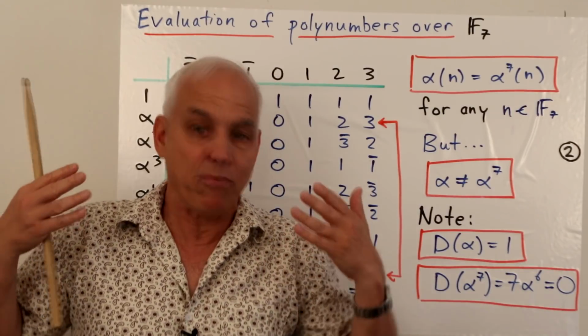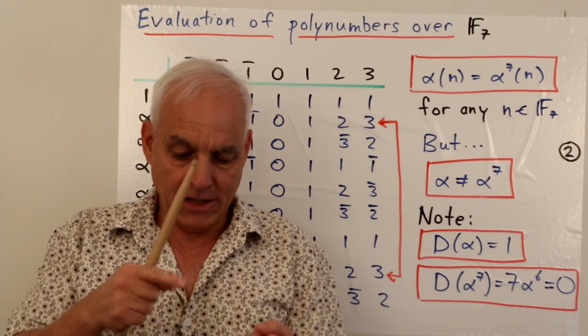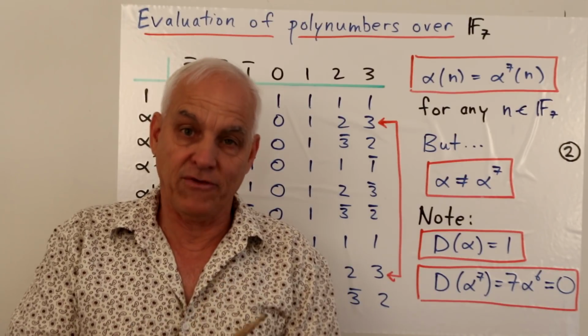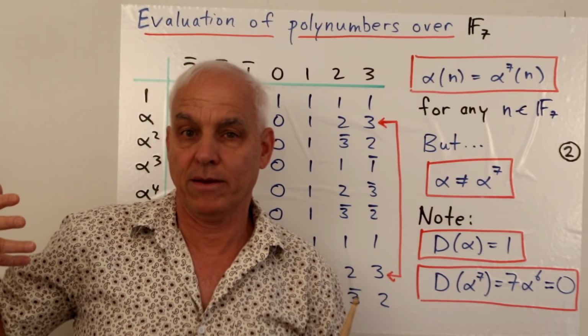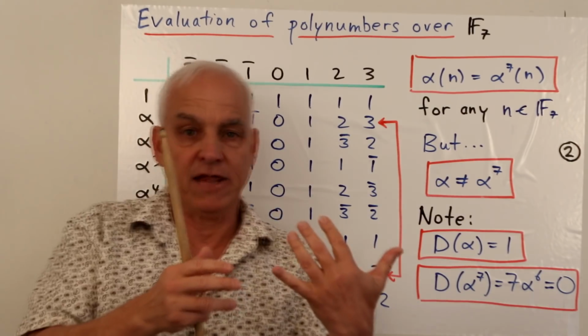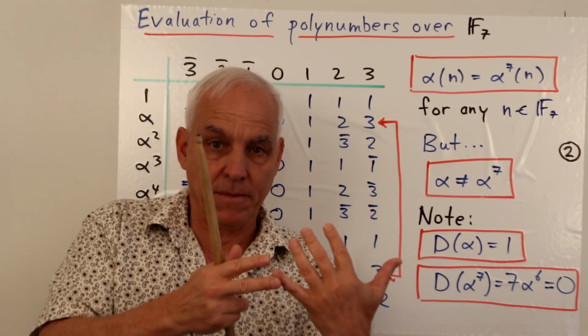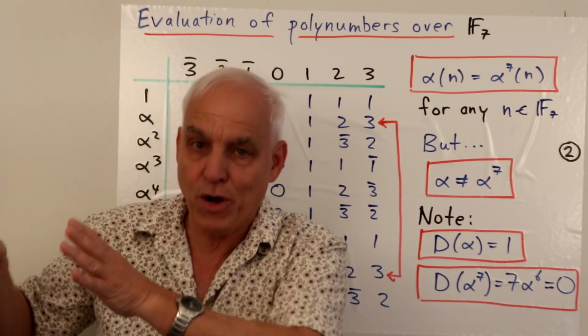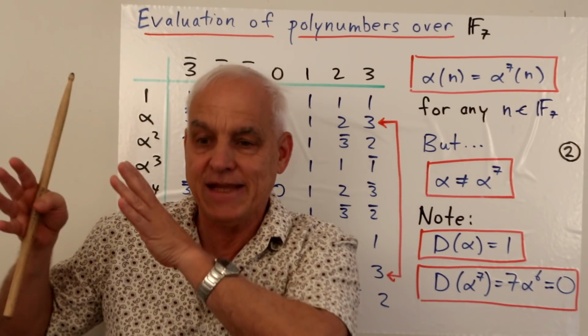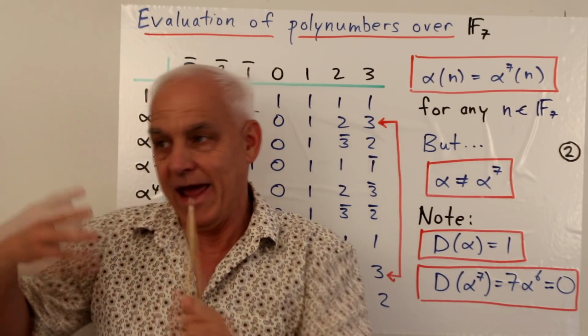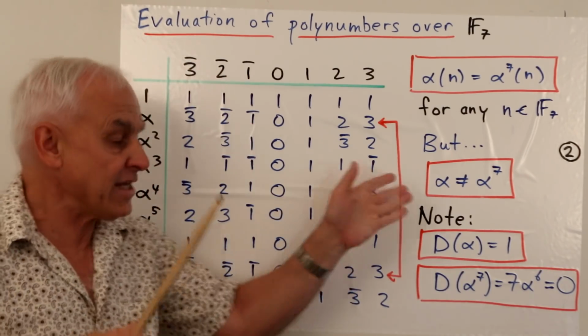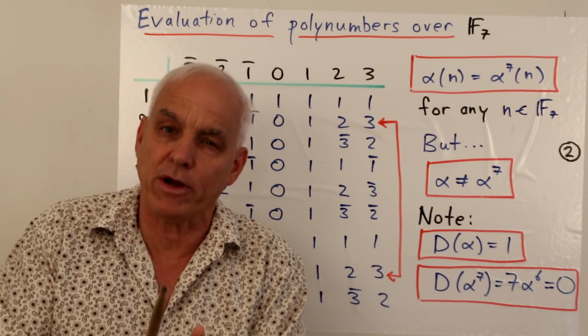Which of them is actually primary? Euler and Lagrange would have said the polynumber is primary. Modern analysts would say the function's values are primary. We're taking the position of Euler and Lagrange here. It's the actual algebraic entity which creates the function which is primary.